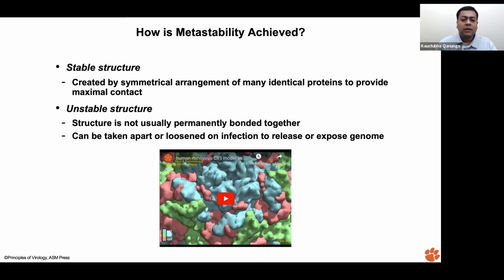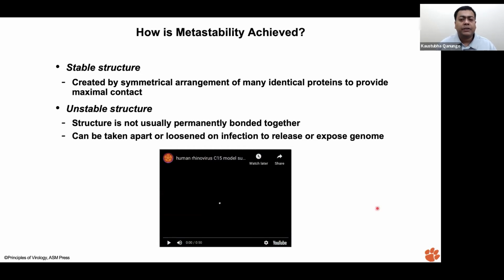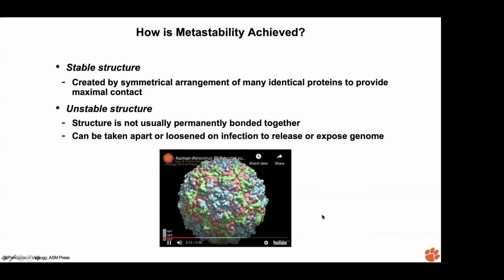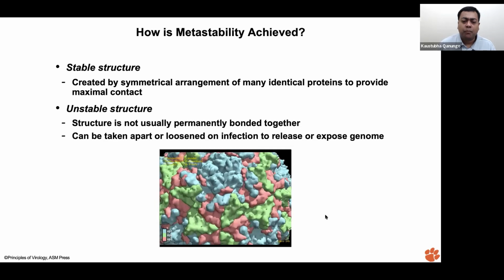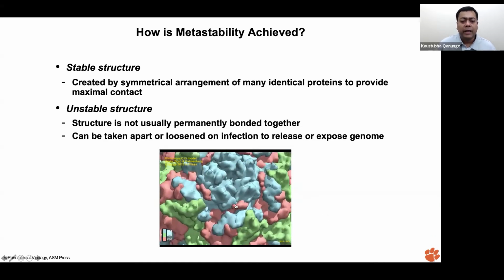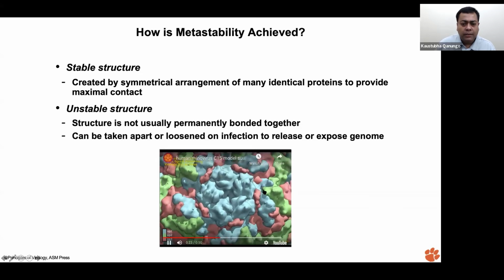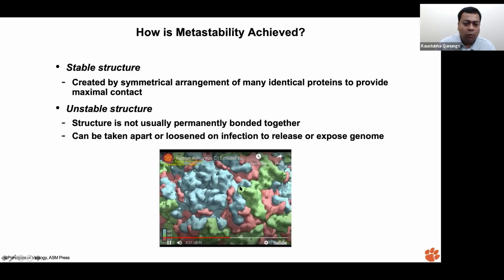So this cartoon right here just shows how easily you can achieve this. You are looking at this rhinovirus model, which shows you what is being discussed here. This is a rhinovirus, and again, the detailed names are not important, but you can see the different proteins colored in blue, red, and green, in a three-dimensional topology, and you can see that there is a close interaction.